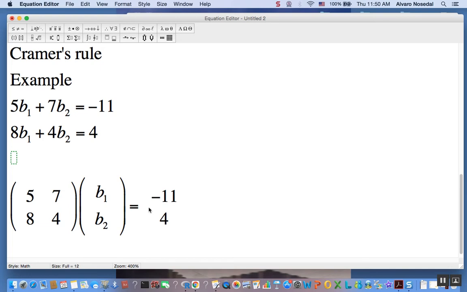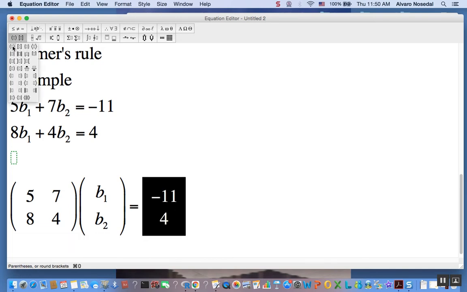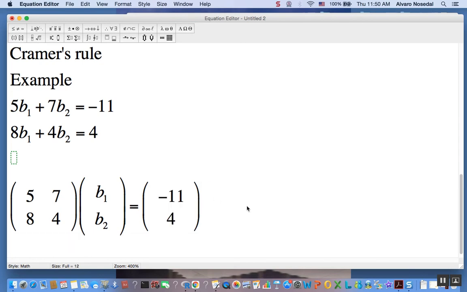Nice. So just using matrix multiplication, we were able to re-express that system of two linear equations in terms of matrices. Okay.